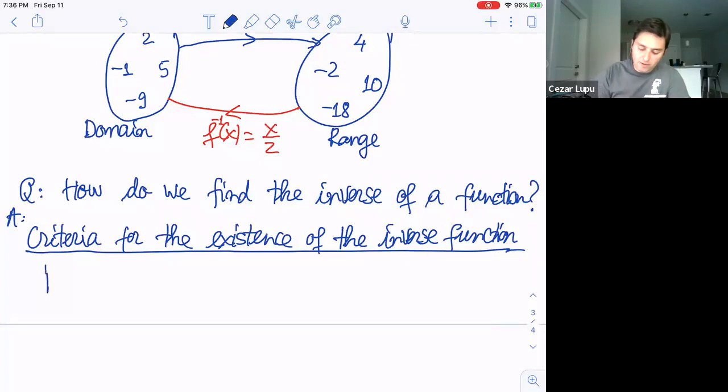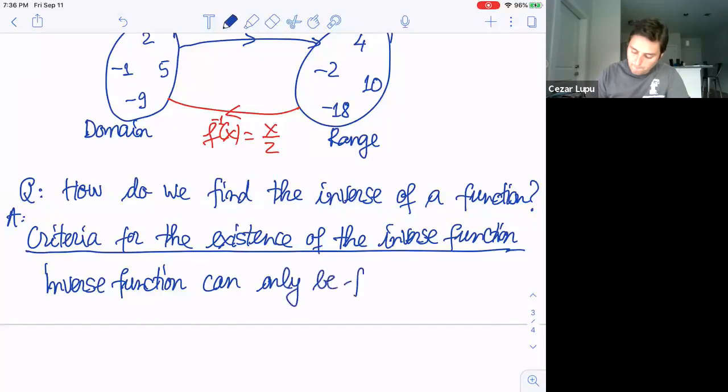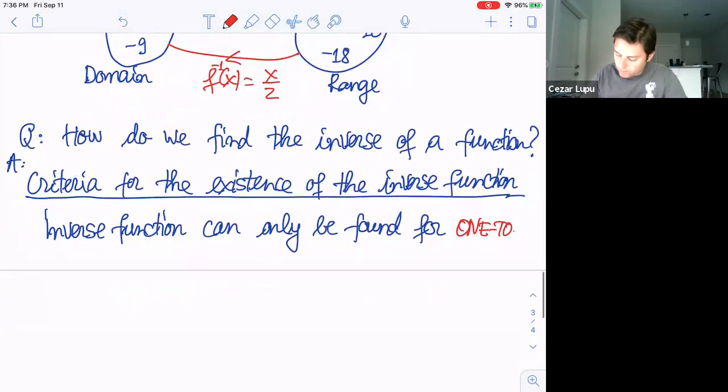The inverse function can only be found for one-to-one functions.